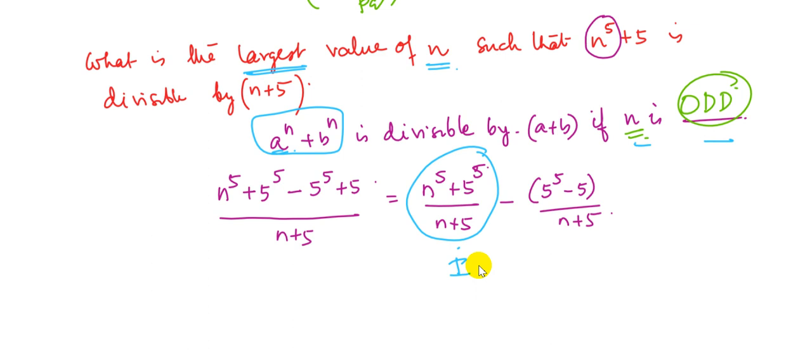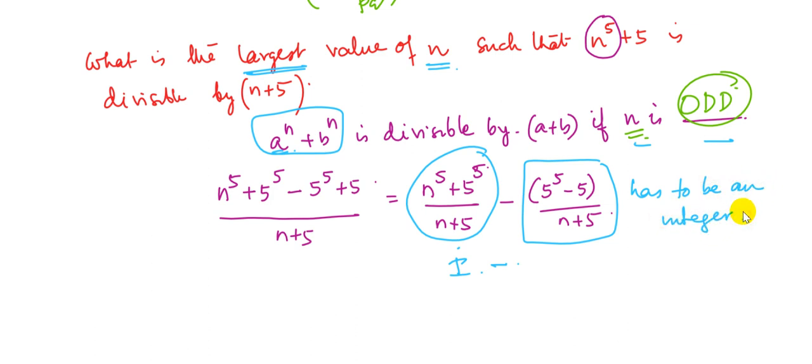Now I go to the second part. This has to be an integer. Why, sir? See what I'm trying to do: n to the power 5 plus 5 by n plus 5. If it is divisible by n plus 5, the whole thing must be an integer. So the second part has to be an integer.